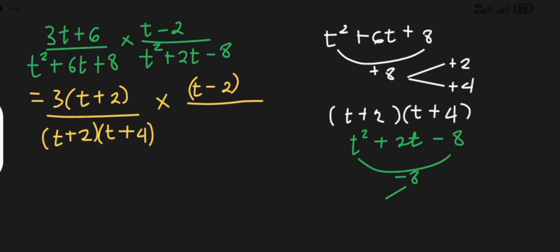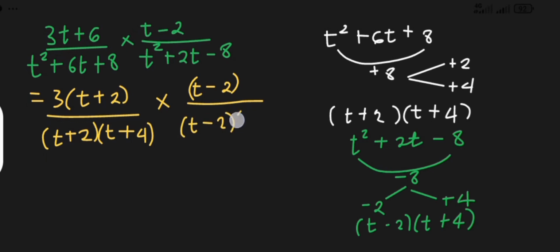Obviously, one of them is going to be negative, while the other is going to be positive. And for these factors to add up to positive 2, one must be a negative 2, while the other is a positive 4. So the expression factors as t minus 2 times t plus 4. Hence, we write the product of t minus 2 and t plus 4.